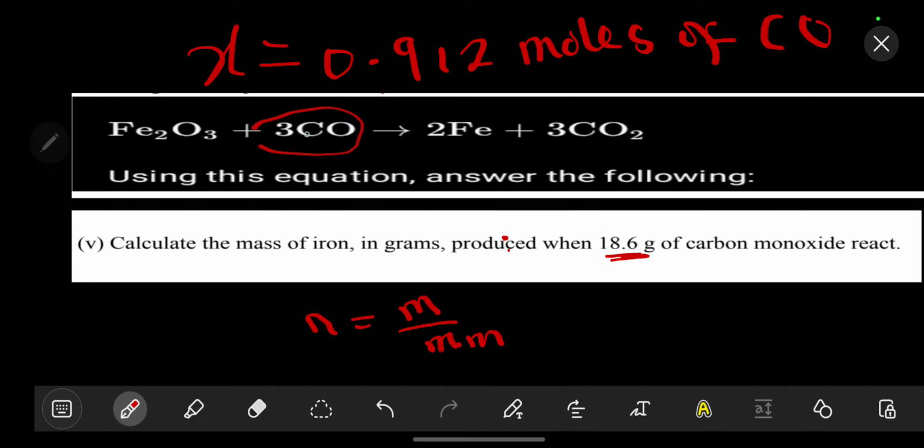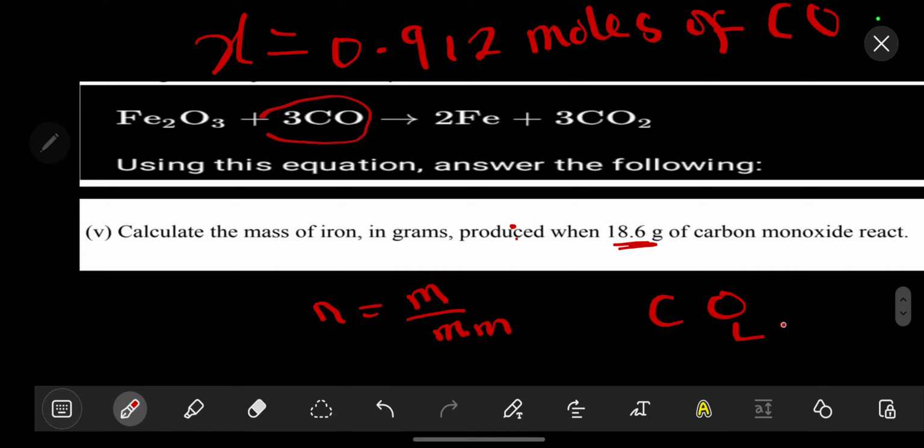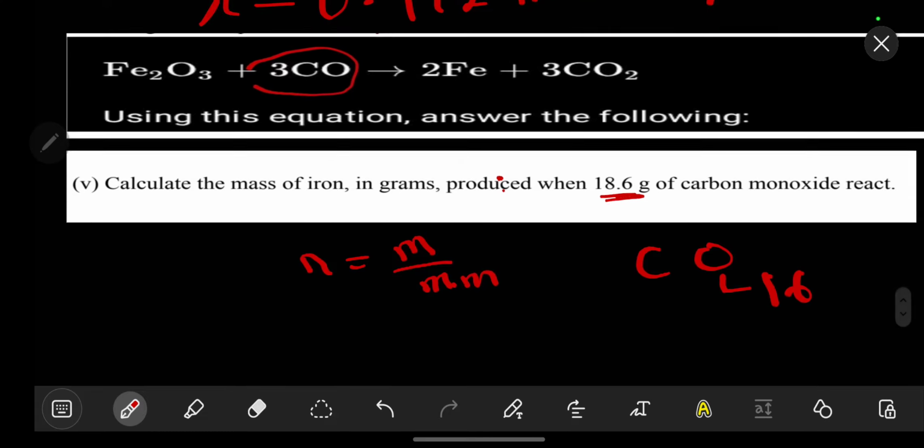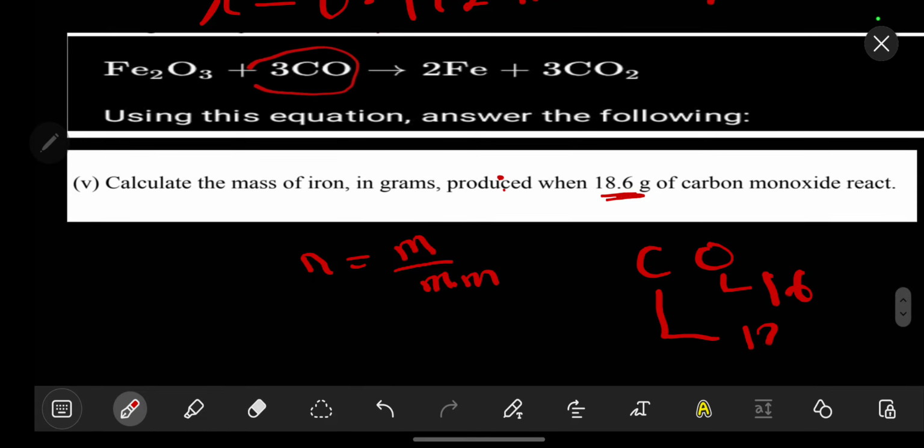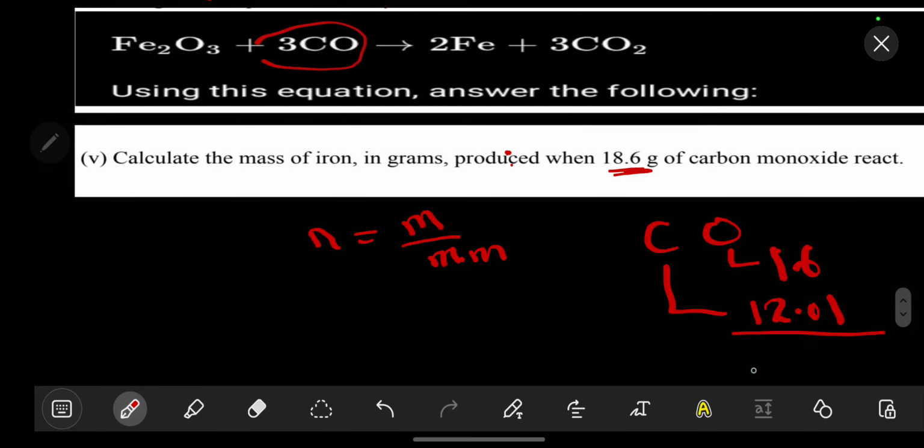For carbon monoxide, CO, the molar mass of oxygen is 16 and the molar mass of carbon is 12.01. When we add this, we get 28.01 grams per mole.